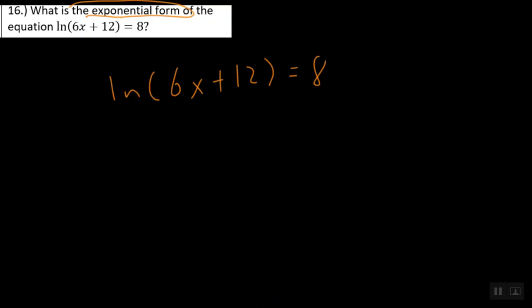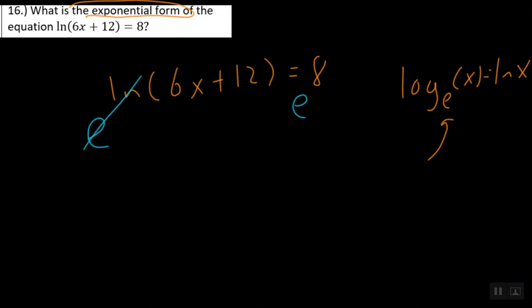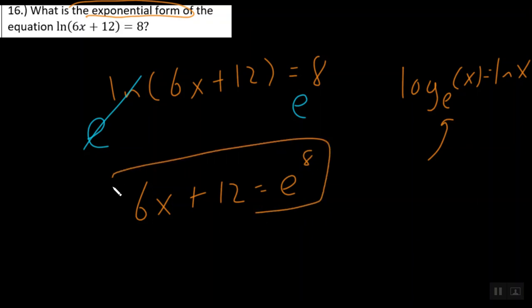Well, remember, the natural log is really like saying base e of anything, so let's just say base e of x is equal to the natural log of x. That means that in order to get rid of it, we have to raise everything into the exponent of e. Now when I do that, the e and the natural log cancel, and I'm left with this. 6x plus 12 is equal to e to the power of 8.